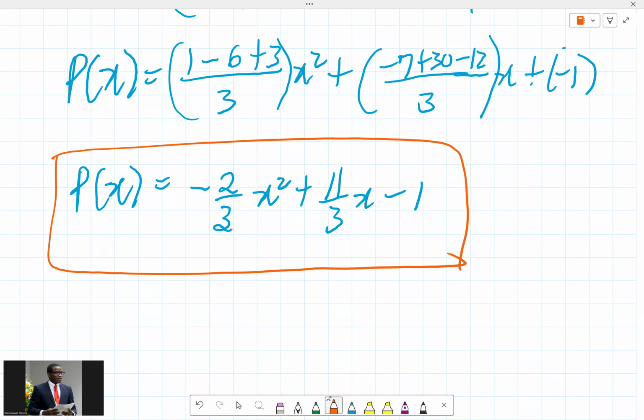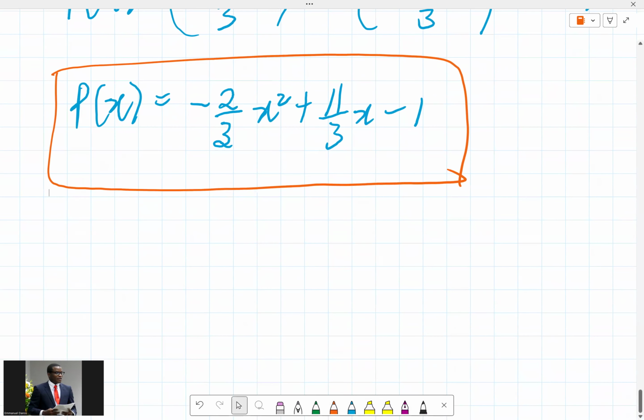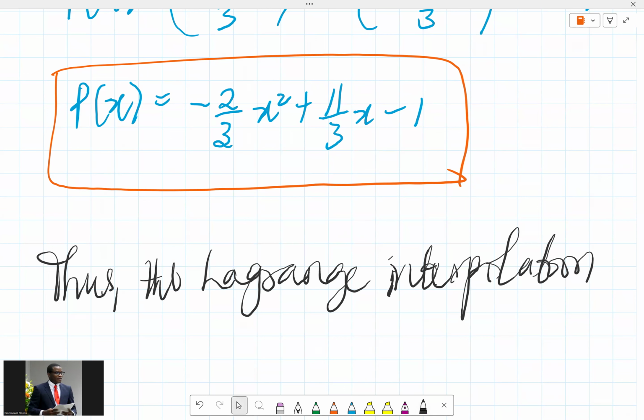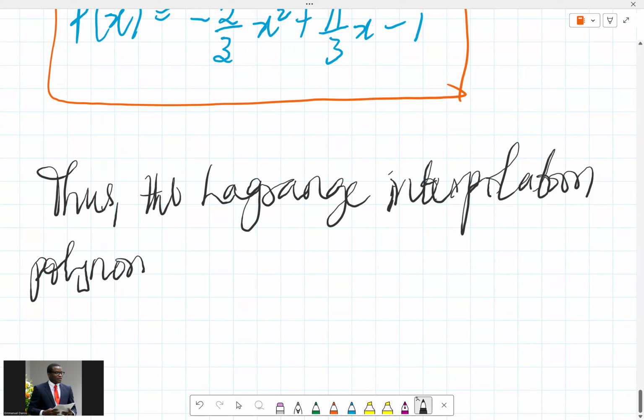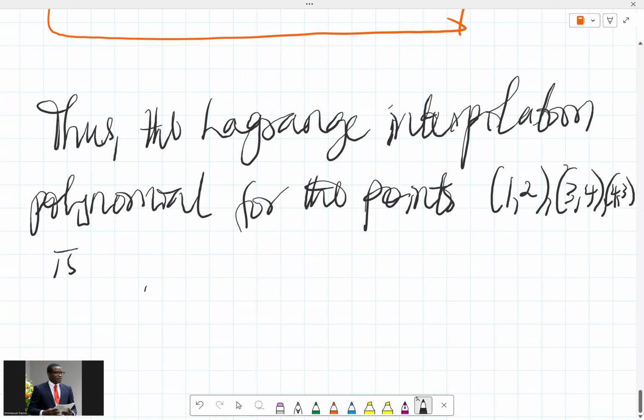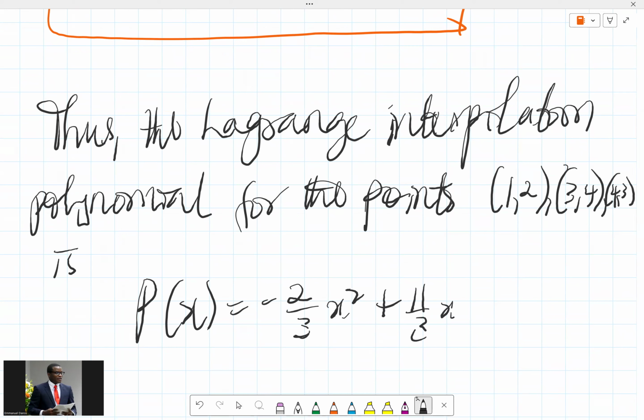Okay, so we can then conclude that, therefore, thus, the Lagrange interpolation polynomial for the points 1, 2, 3, 4, 4, 3 is P of x equals minus 2 over 3 x squared plus 11 over 3x minus 1.